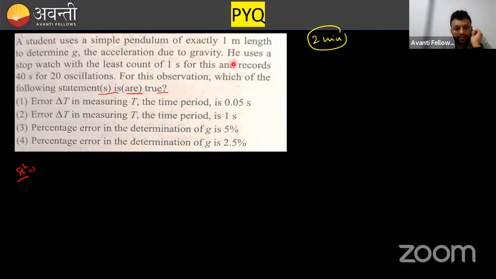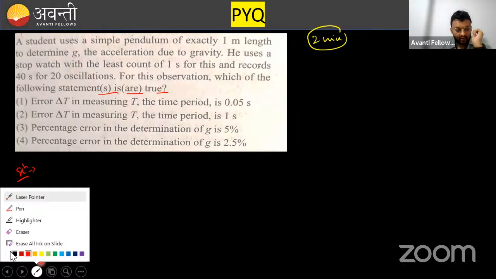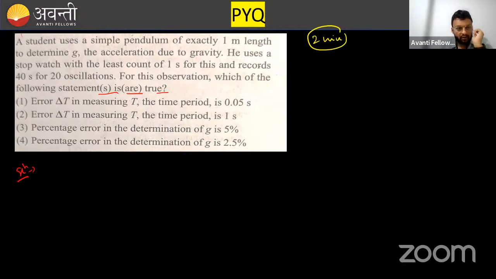That means they want to calculate g. He uses a stopwatch with the least count of 1 second and records 40 seconds for 20 oscillations. Now, for this observation, which of the following statements is correct?